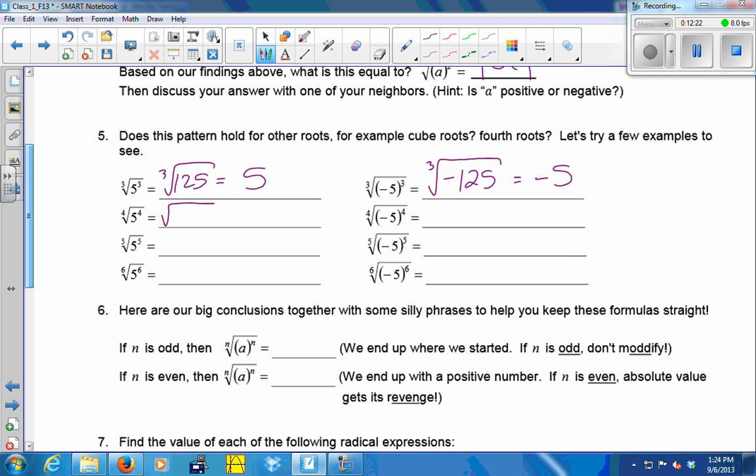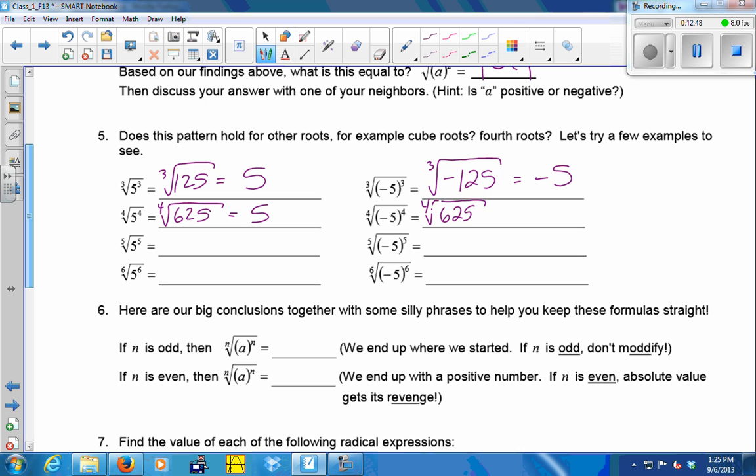625, I think. So I want the 4th root of 625. What number do you raise to the 4th to get 625? 5. Okay, good. And then the 4th root of -5 to the 4th. -5 to the 4th is 625, because -5 times -5 times -5 times -5, that's 4 negatives.